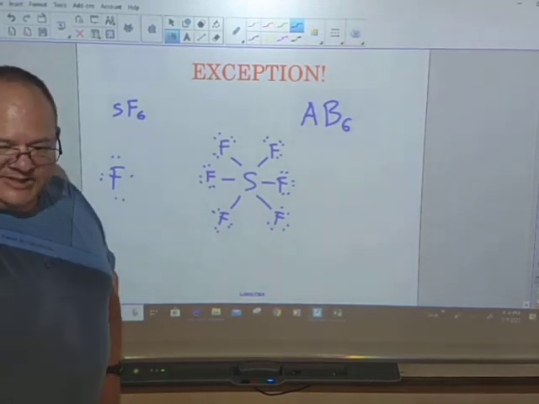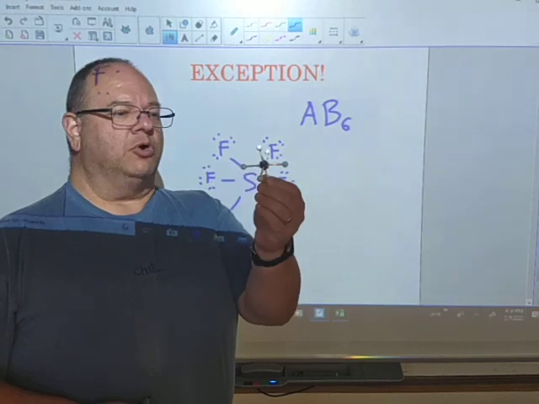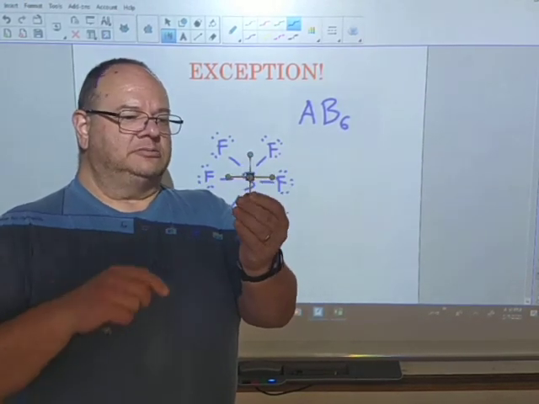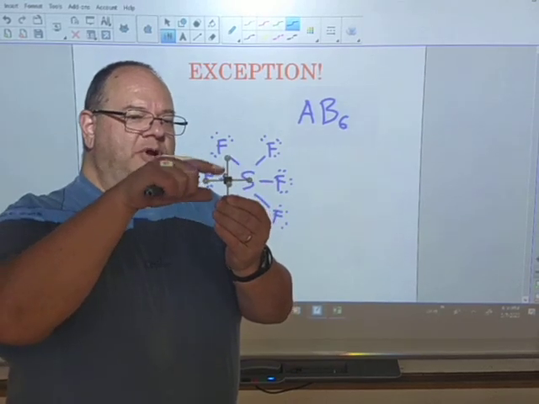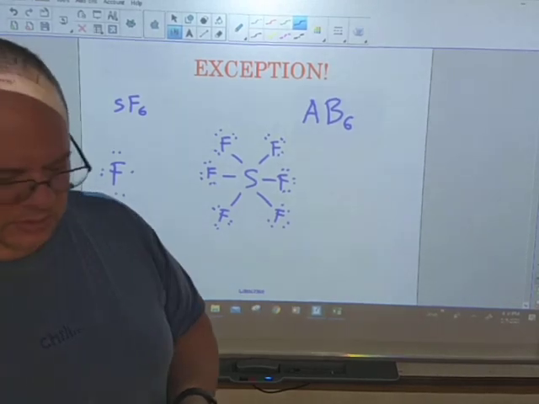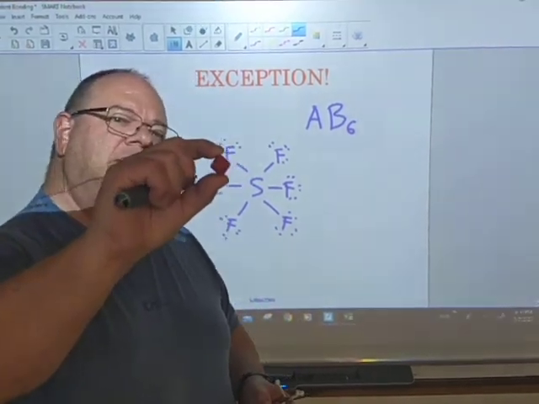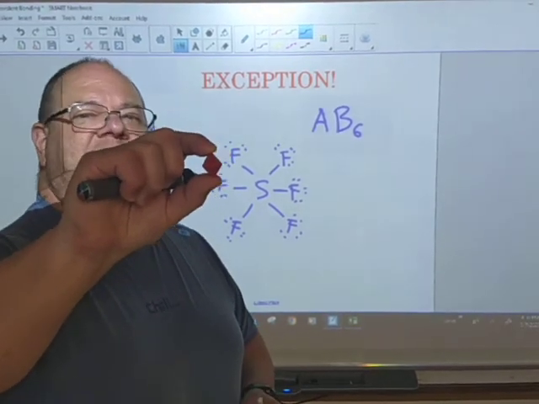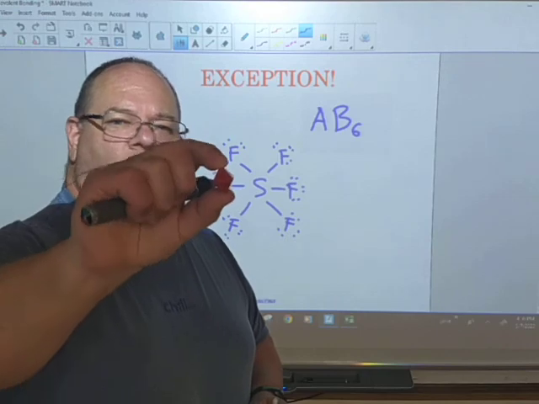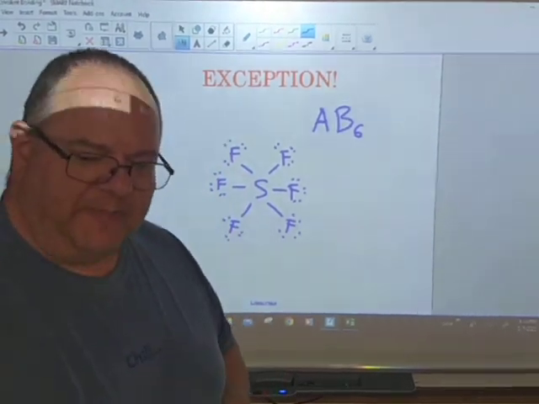So what do we call AB6? If we have 6 groups of electrons, they point to the corners. Well, they point up, down, left, right, front, back. Right here, if you can see it, is an octahedron. It's a die that's used in role-playing games and things like that. Somewhere, I had made my paper tetrahedron.